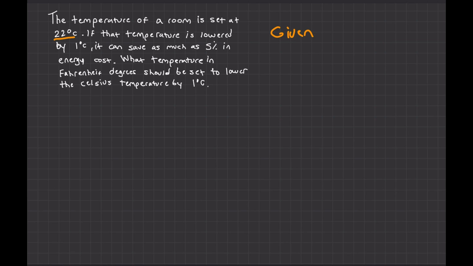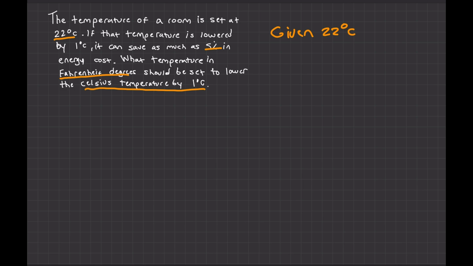The temperature of the room is 22 degrees Celsius, so we'll put 22 degrees Celsius. And it says if that temperature is lowered by 1 degree Celsius, it can save as much as 5% in energy costs. We don't care about this percentage. What this question is asking for is the degrees in Fahrenheit when the Celsius temperature is lowered by 1.